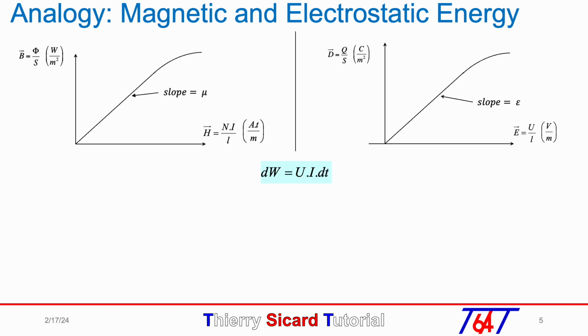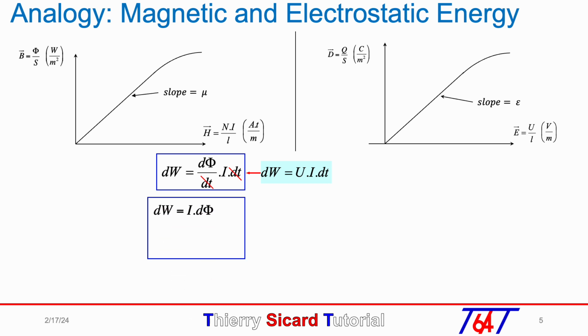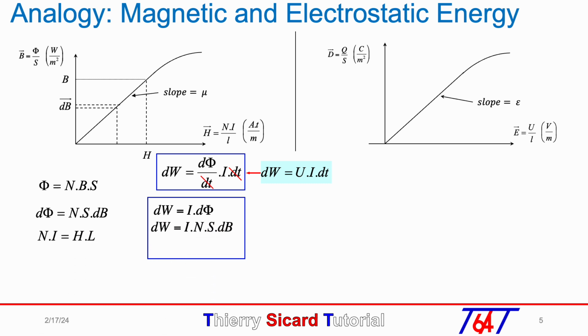The energy is UIt. For the magnetic side, we replace U by d phi over dt. So dW equal I d phi, but as d phi equal NS dB and NI equal HL, dW equal H LS dB.